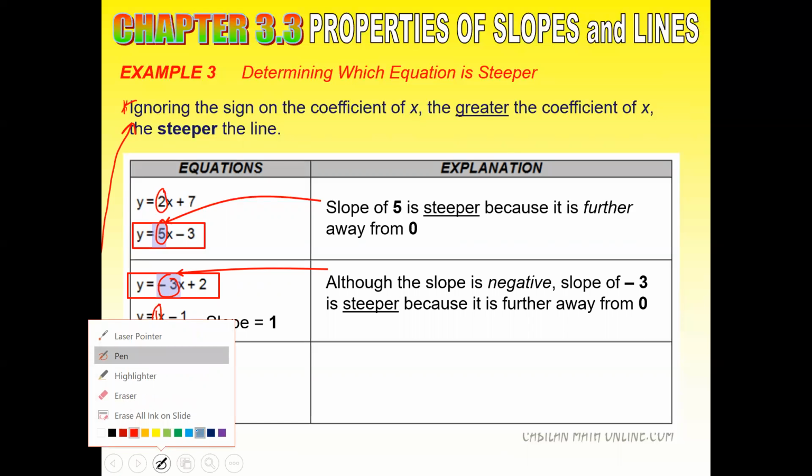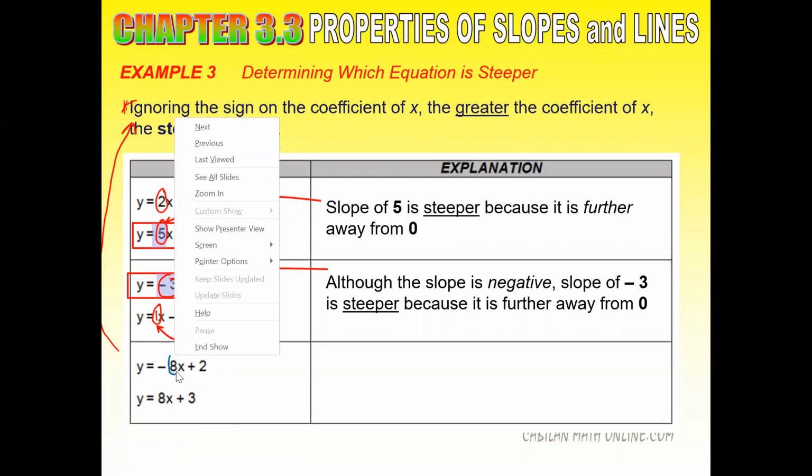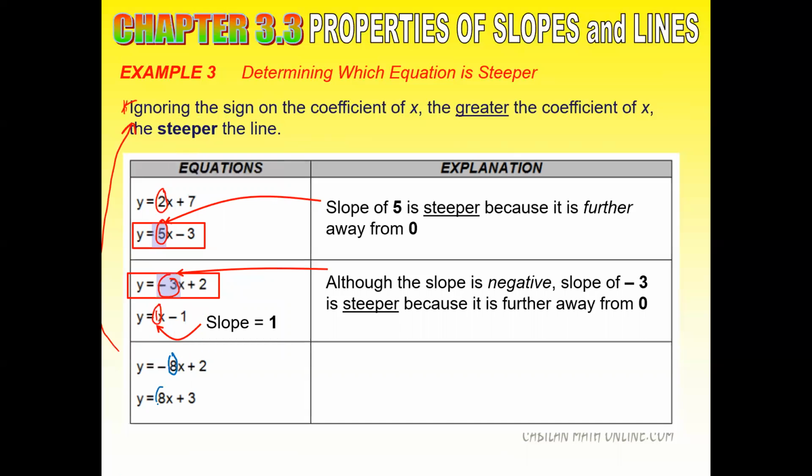If we ignore the signs, what we have here is an 8, and guess what, what we also have here is an 8. So both of these lines have the same slope. Again, we have an 8 and another 8. The only difference with the first equation is that there happens to be a negative in there. So by ignoring the signs, you have the exact same slope.